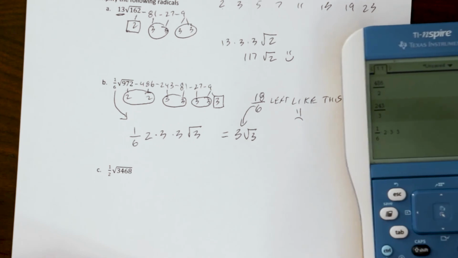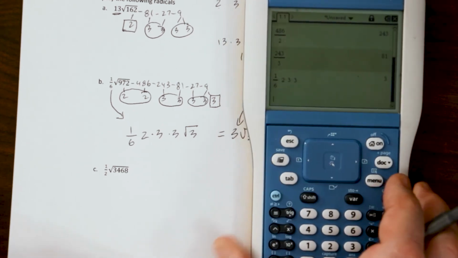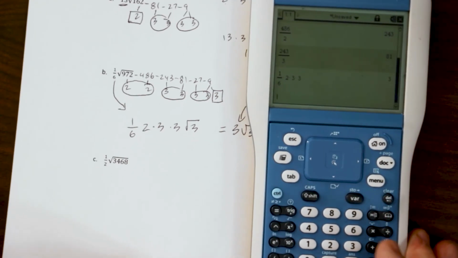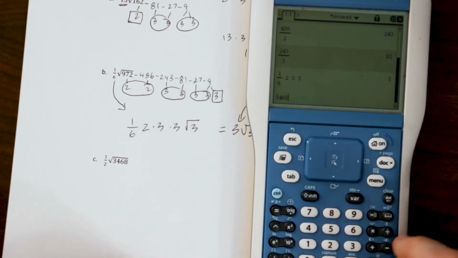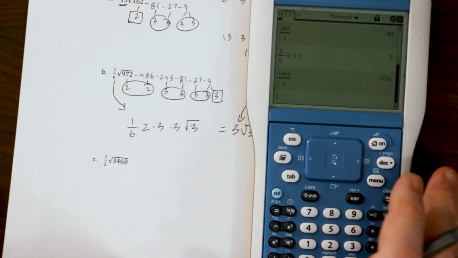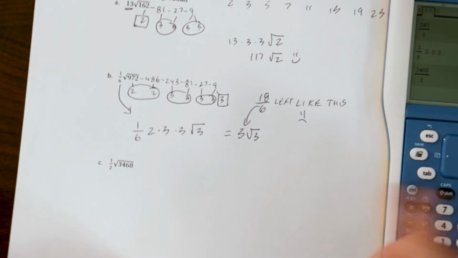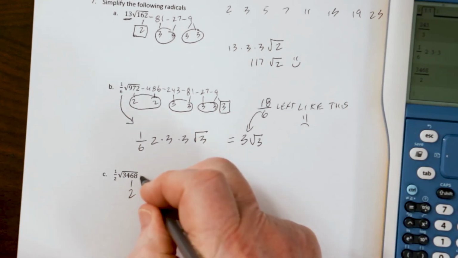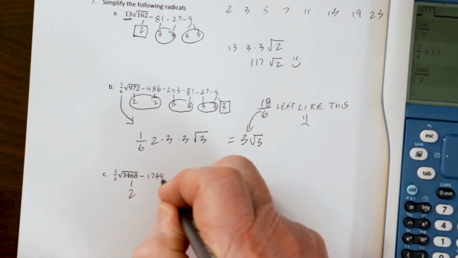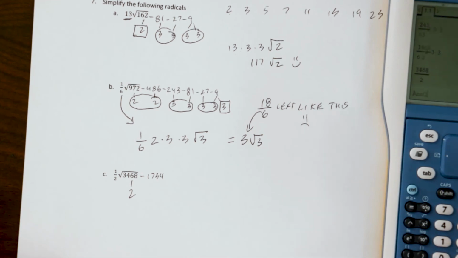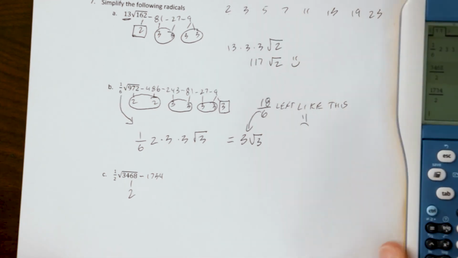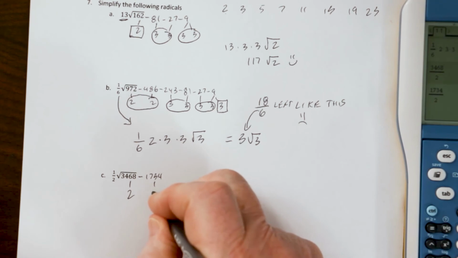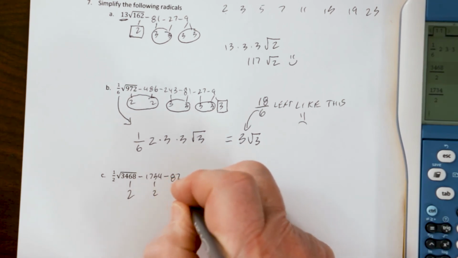Okay, so now we have another nasty one here, 3,468. Everybody knows how to factor that. So 3,468 divided by 2, enter. That would be 1734. So we have 2 and 1734. Still divisible by 2, divide by 2, and enter. 867. So it's a 2 and an 867.